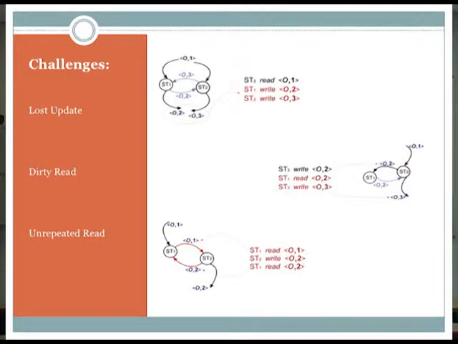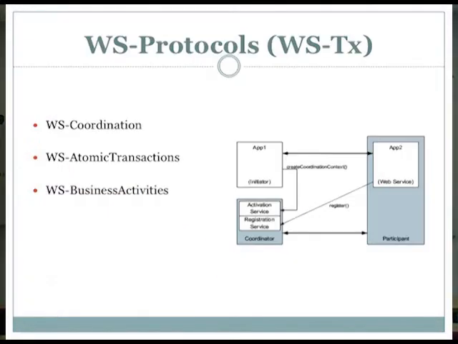But we saw in service-oriented computing, this is pretty difficult, especially in terms of long-running transactions. One of the most famous protocols for solving this problem is the WS transaction protocol. It has three protocols.